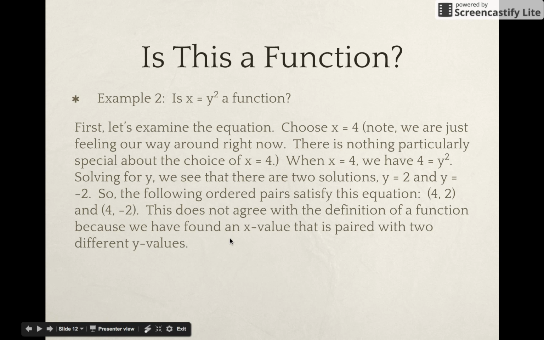So we have the ordered pairs (4, 2) and (4, negative 2). This actually violates the definition of function. We have a single x value, 4, paired up with two different y values. So this is not a function.